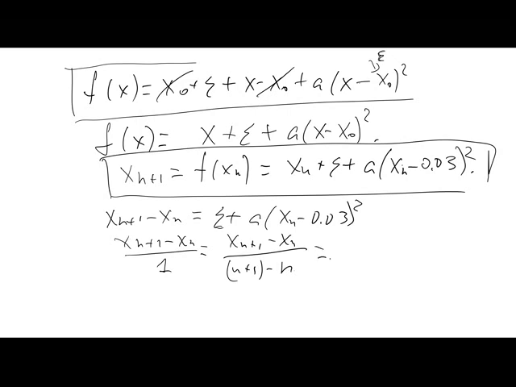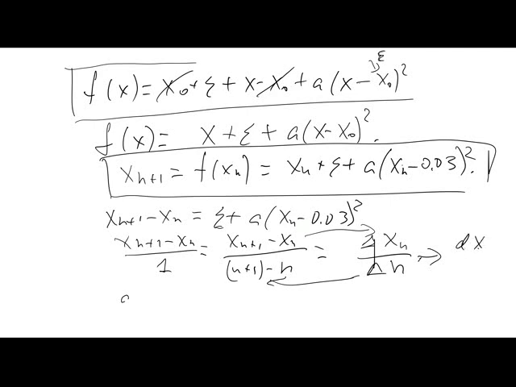So this is delta x n over delta n, the change in function over the change in time, roughly speaking. Therefore, we can replace it by dx over dn.